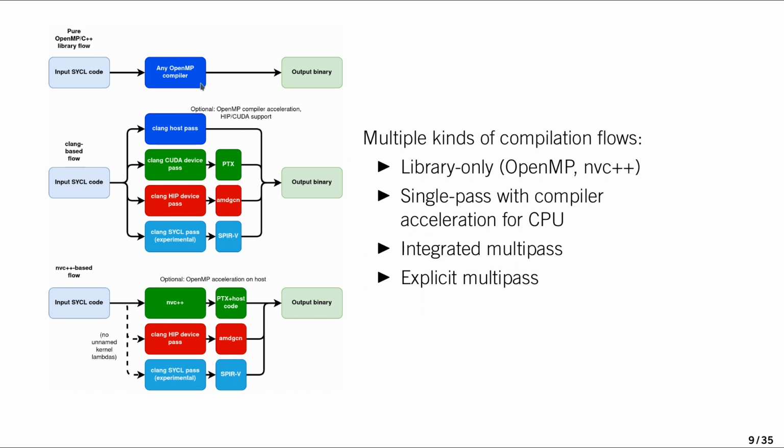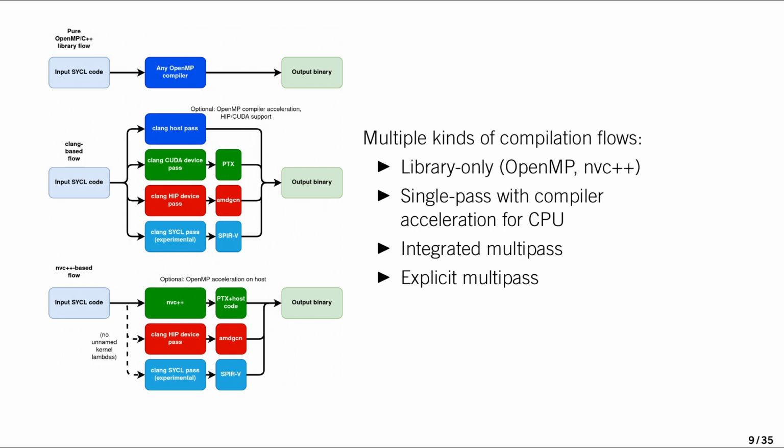Then there's also the option to use this Clang-based compilation flow, where hipSYCL aggregates multiple Clang toolchains under a common roof, and you can, for example, also use the Clang host pass and accelerate compilation for the host using special additional compilation passes that hipSYCL brings to accelerate CPU performance.